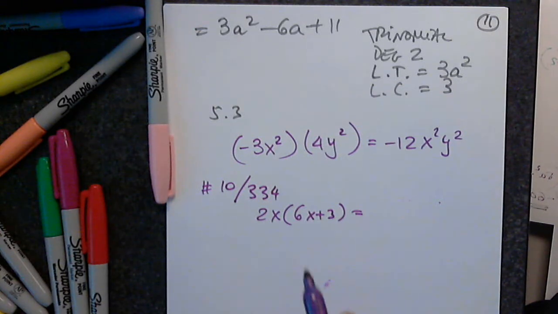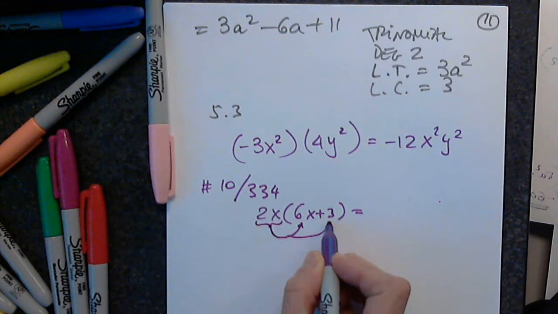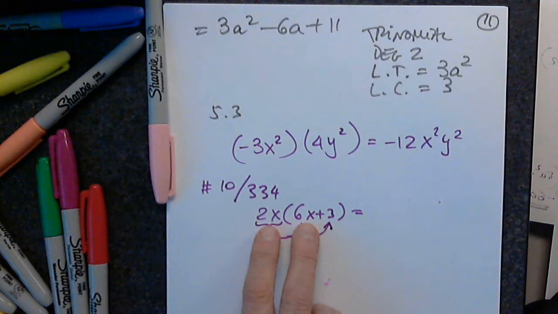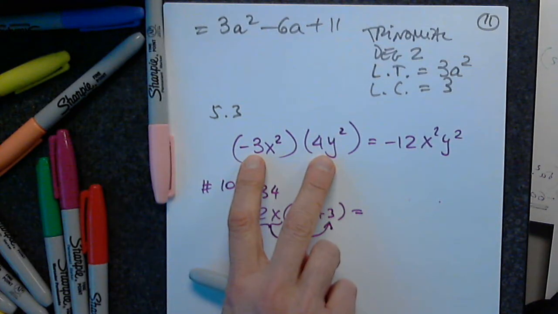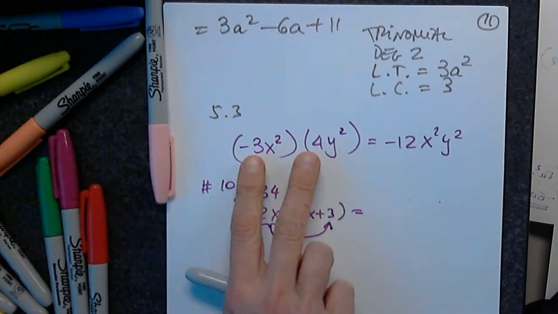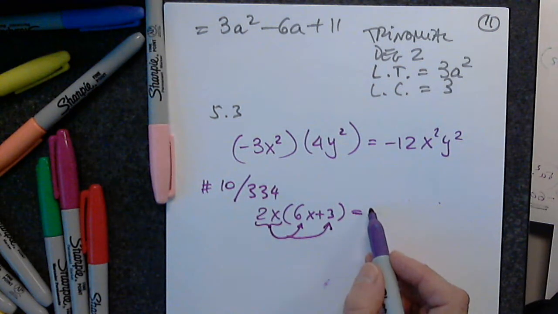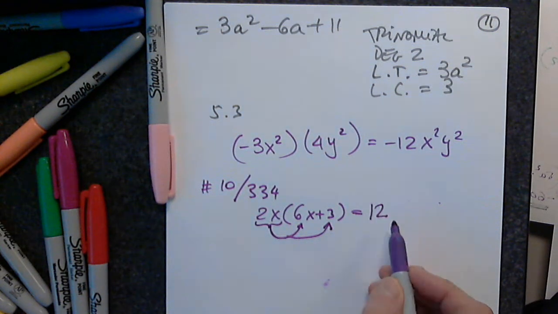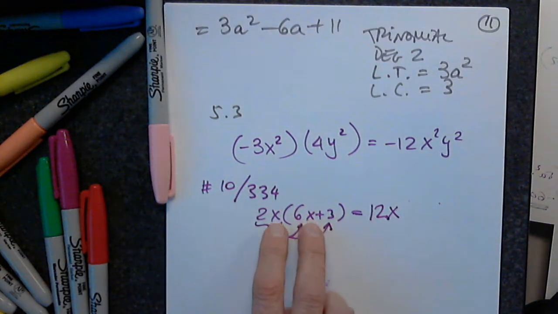Distributing. Yes, I have to distribute this binomial to these two terms. So now think of multiplying these two like we multiplied these two. It's the same procedure. So I multiply the numbers first, and I get 12x squared.